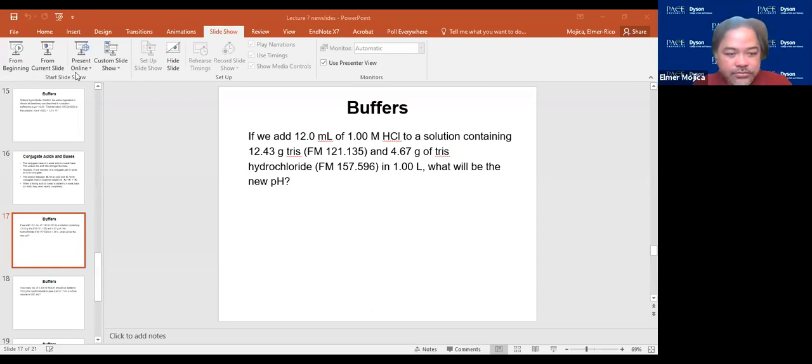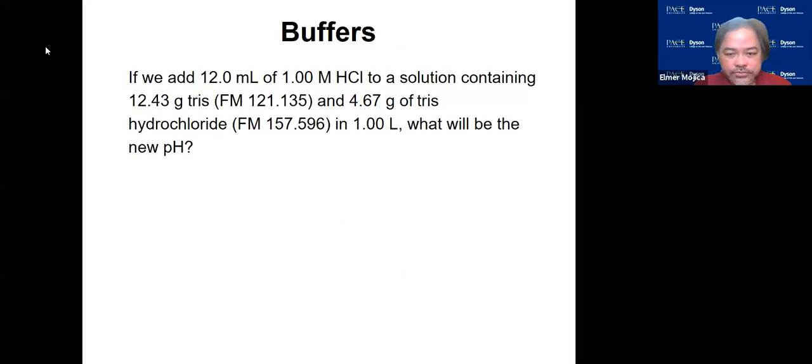So what we're going to do now is we're going to solve the problem now that we have the initial value that we have there. So how are we going to solve this one? So we can set it up.